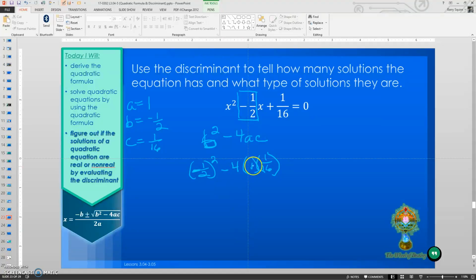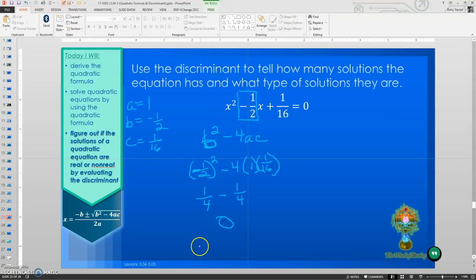So -1/2 squared is 1/4, and it becomes positive because a negative times a negative is a positive, minus, this becomes 4/16. That simplifies to 1/4. We are going to get a discriminant of 0.